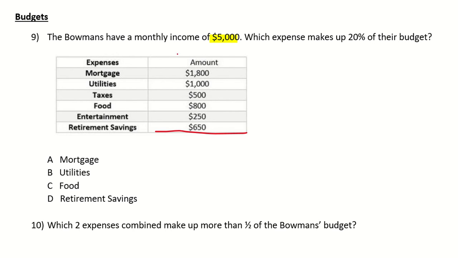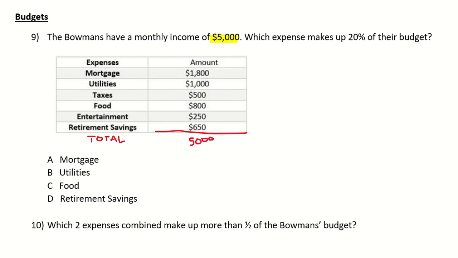If they do not give you that, then that's the first step you need to do. So all of their categories added up, that's their monthly budget of $5,000.